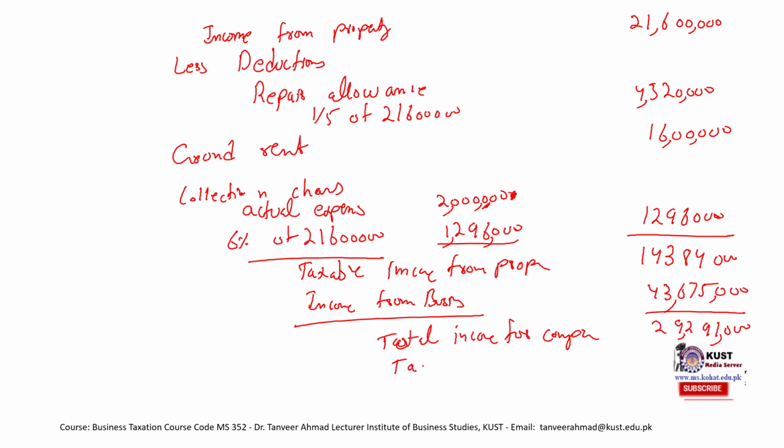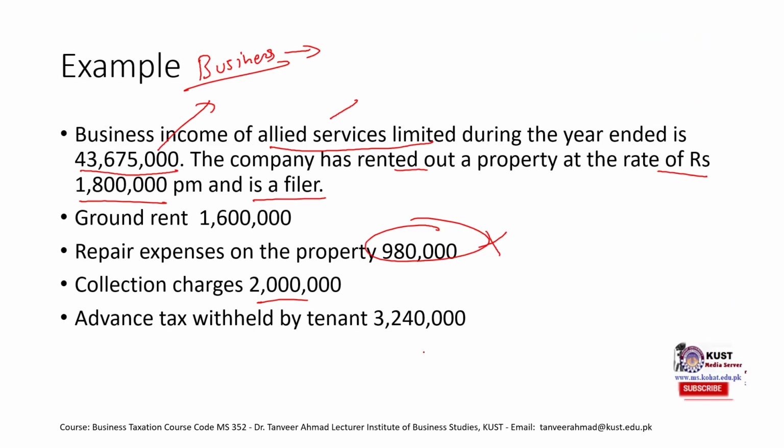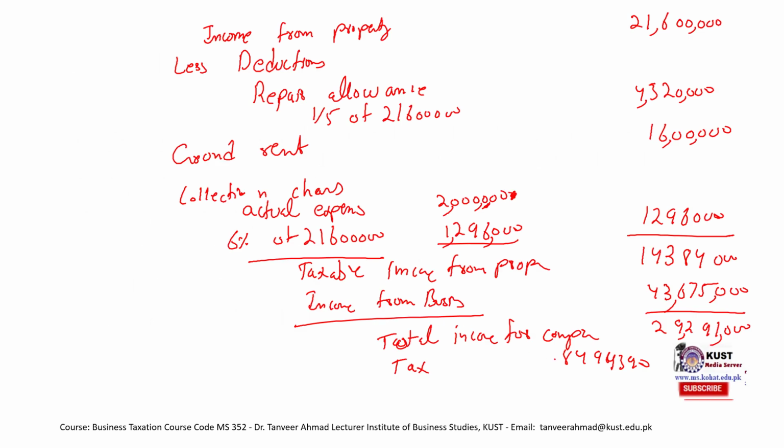So the tax would be 29% of this amount, which would be 84,94390. But if we go back, this had already been paid by the tenant as advance tax, so we do not need to pay this amount, right?